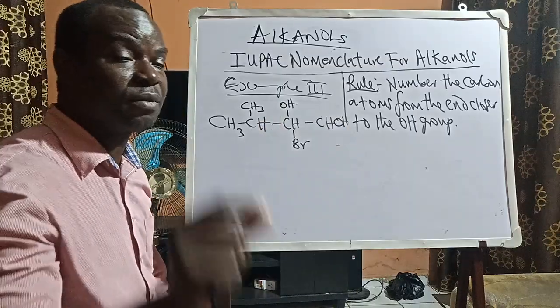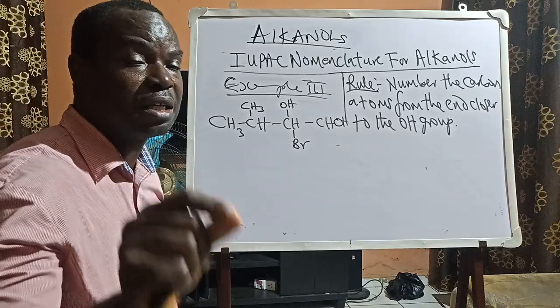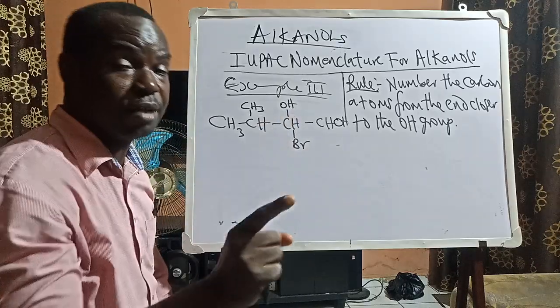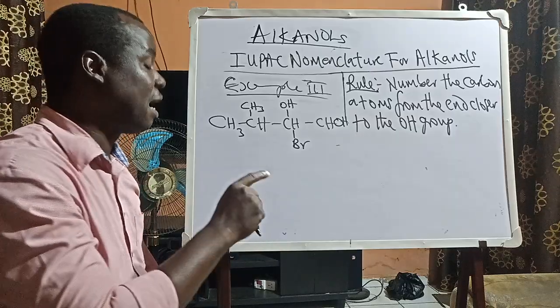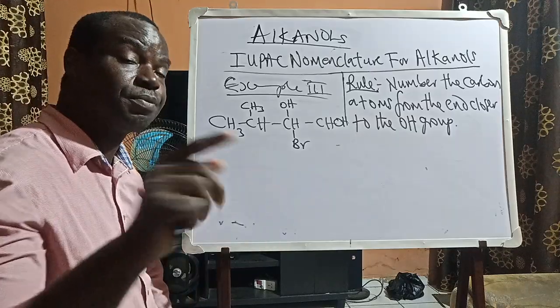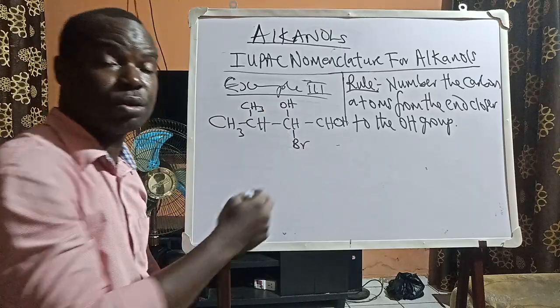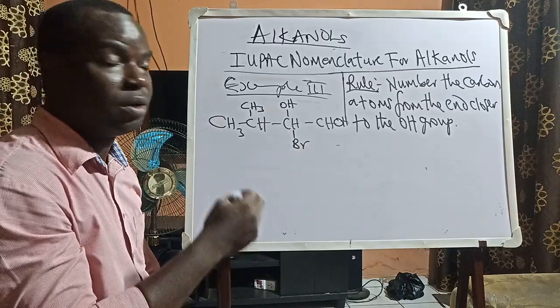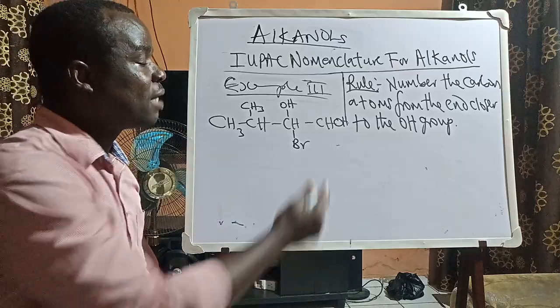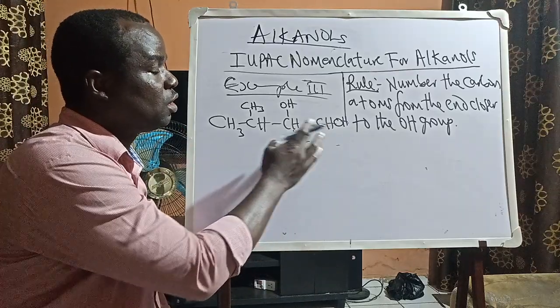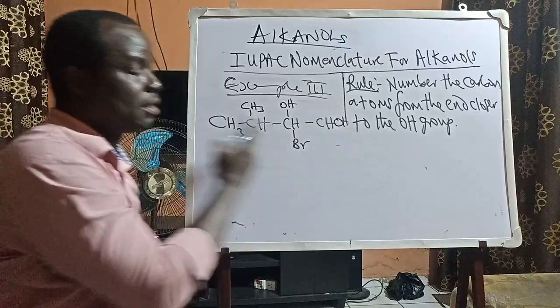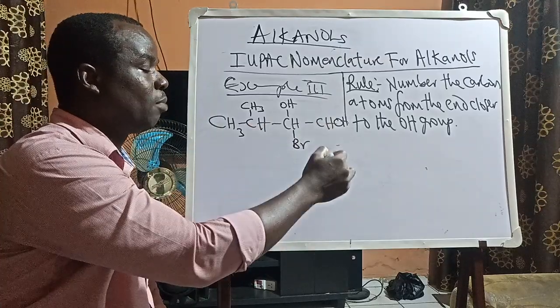Don't forget. Okay, so now I have 2 branches. I have double OH. Are we together? Now, we will number the carbon atoms from here because this end is closer to the OH than this side.